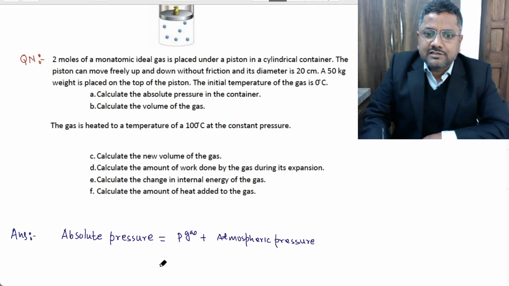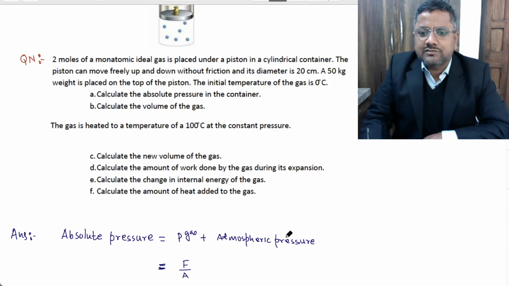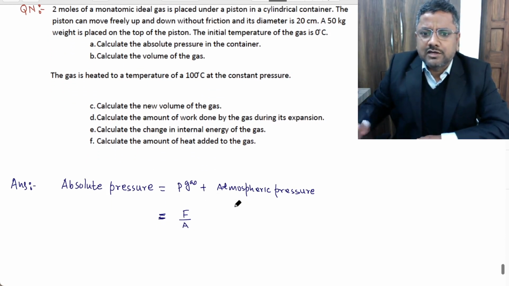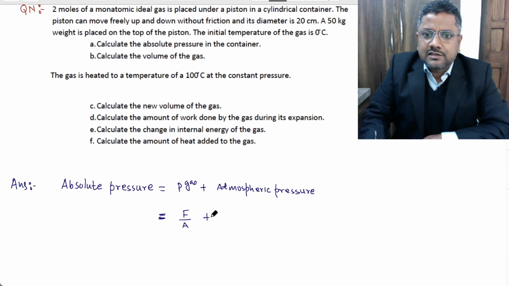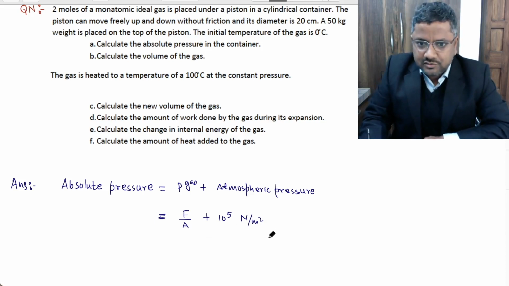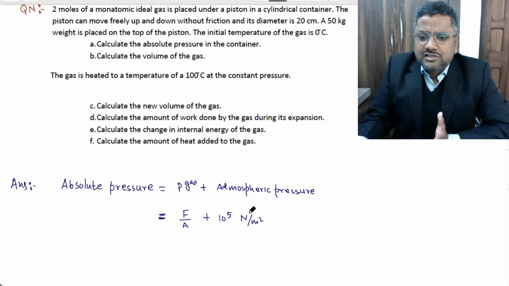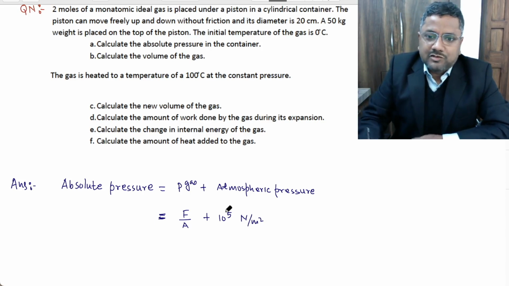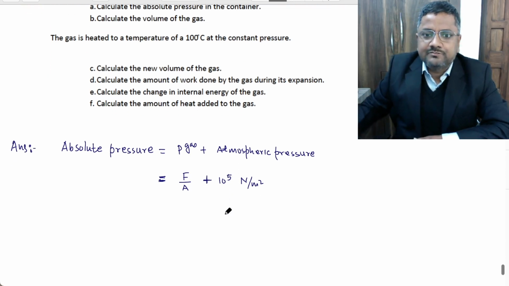So pressure of gas you can calculate, P is equal to F by A, and atmospheric pressure nothing is mentioned, so you can take it as 10 to the power 5 Newton per meter square, or 10 power 5 Pascal, okay? 1.01325 into 10 power 5 Newton per meter square, as all of you are knowing, we have already discussed in the gaseous state.